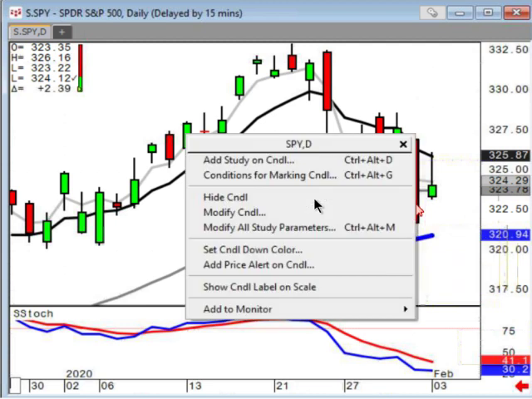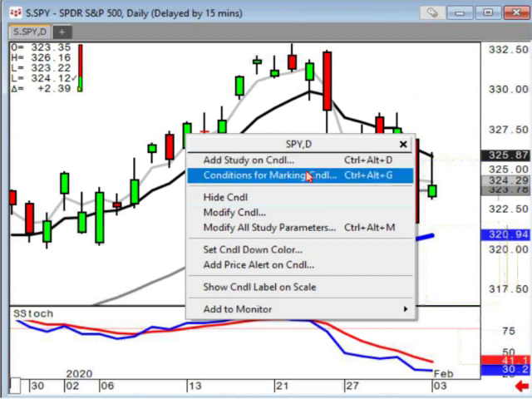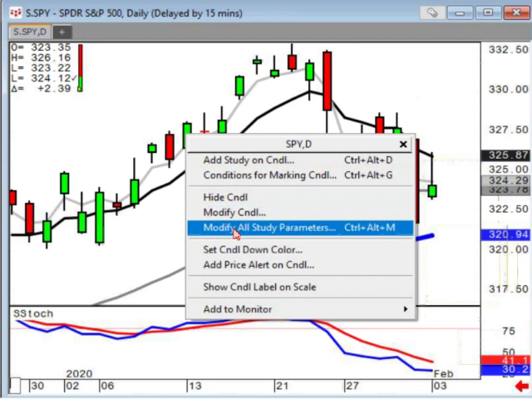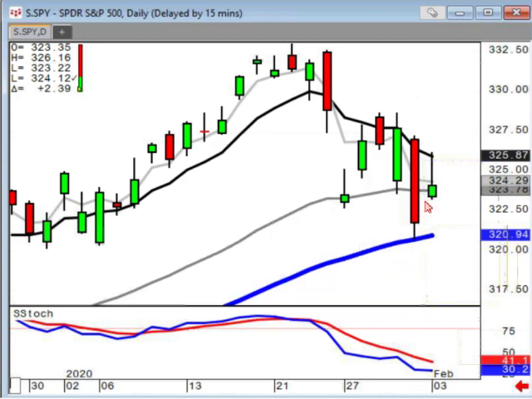Where does that come from? I can't figure out how to get rid of that thing. I don't know why.